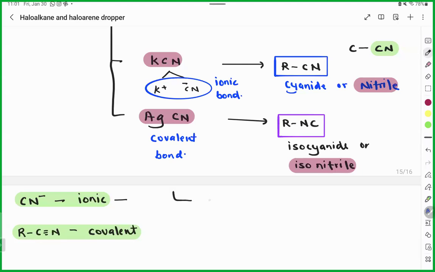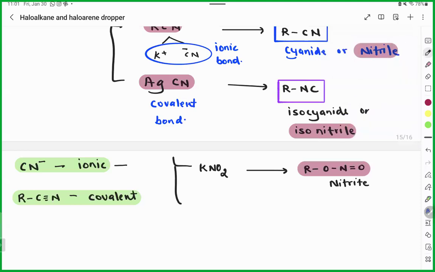Then, if it reacts with the KNO2, what will be the reaction? Who is left? Chandana. This is also very important. If you take KNO2, then oxygen will form the bond, and this is known as nitrite, covalent bond.